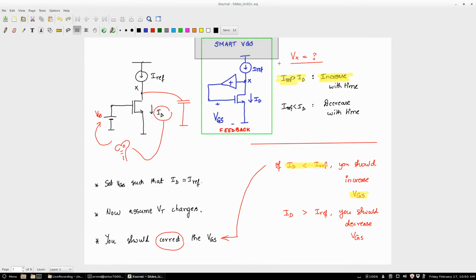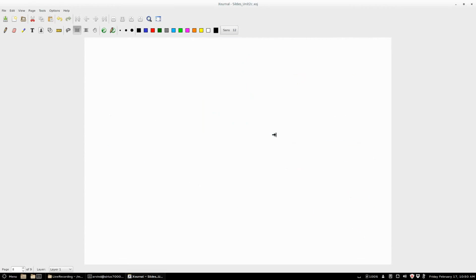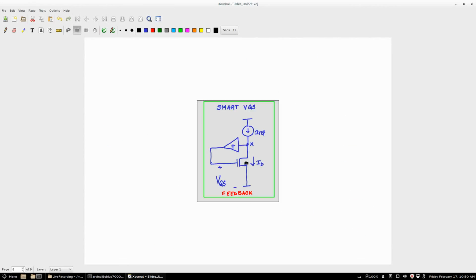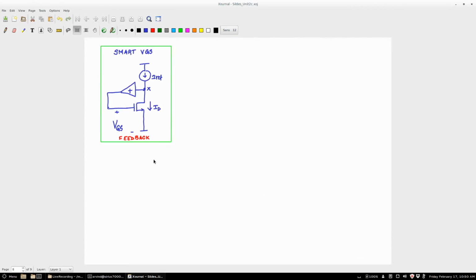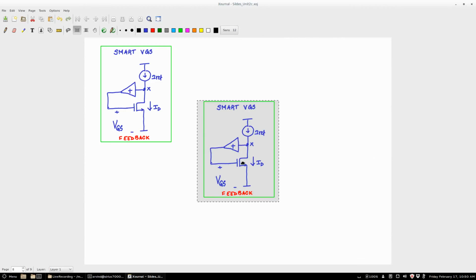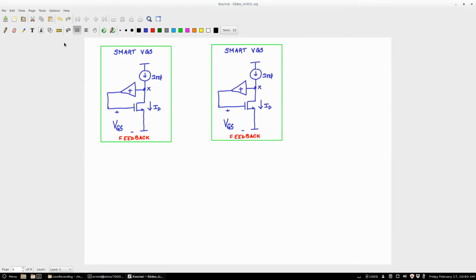We discussed this in our course. This is feedback, so you've got a smart source using feedback. The question for you is whether it is positive or negative. We'll discuss that next class, but let me finish what I wanted to do now.